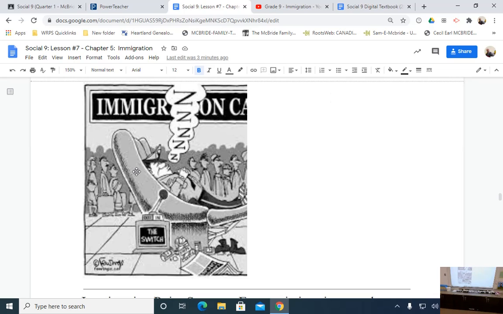A disease. Yeah, they might be infected with something. So here we are, October the 5th, 2020, all wearing masks. And I'm not saying that masks in Canada are because of immigration, but we're all wearing masks because of a global pandemic.